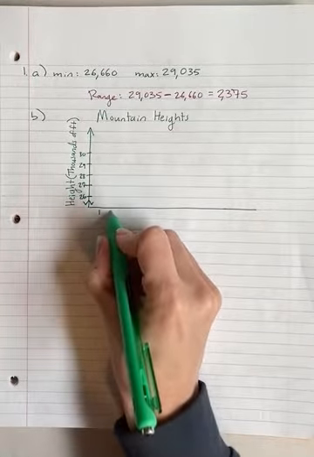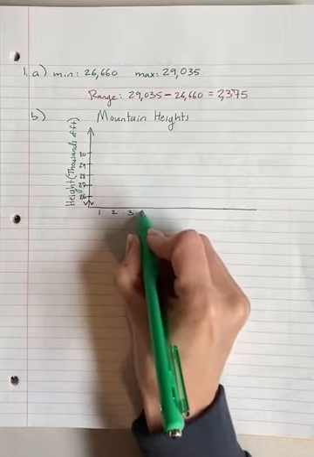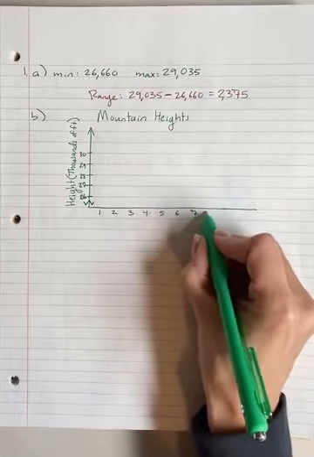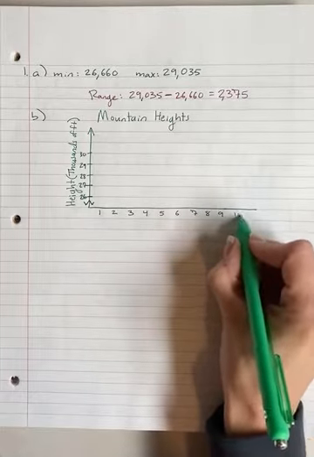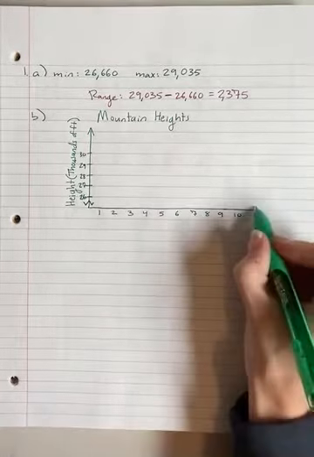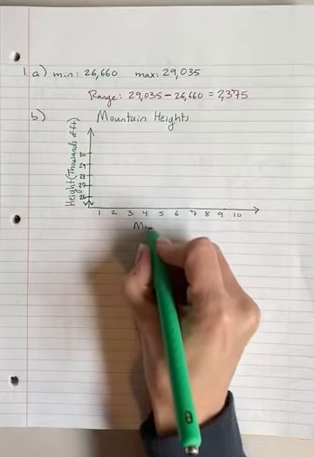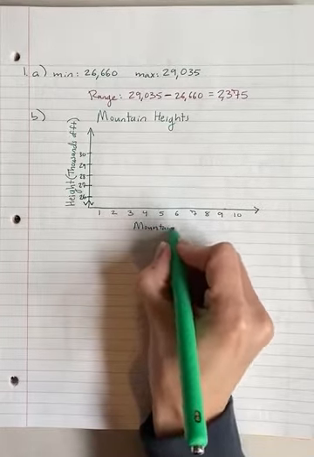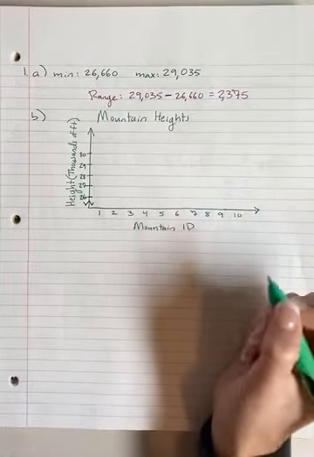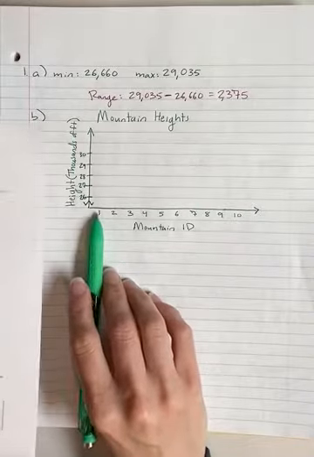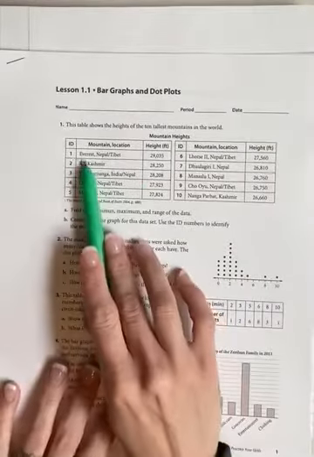So we're going to say 1, 2, 3, 4, 5, 6, 7, 8, 9, 10 to indicate each mountain. And we're going to put here mountain ID.